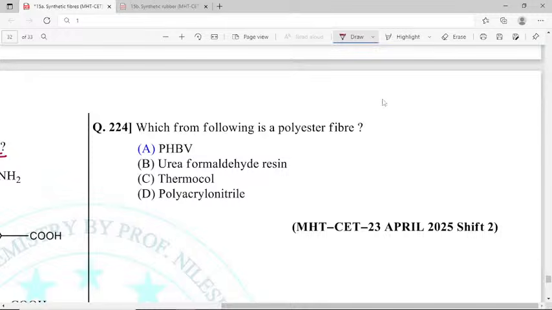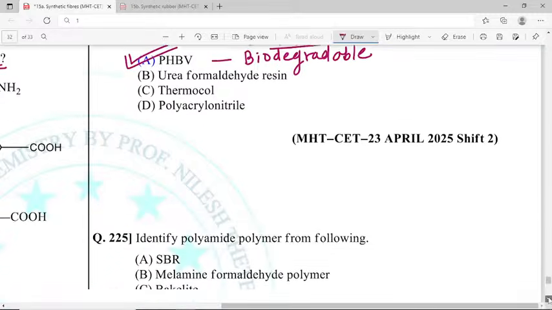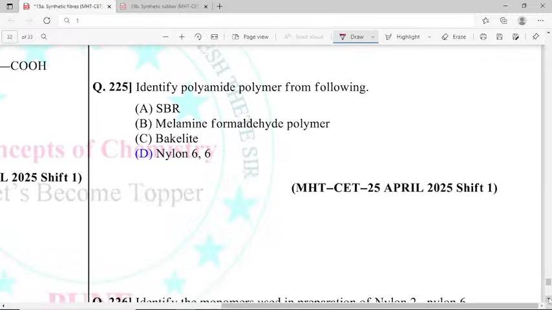Which from following is polyester fiber? So PHBV is a polyester fiber. Same, PHBV is biodegradable because it contains polar linkage, aliphatic polar linkage. This is a polyamide polymer, nylon 6,6.